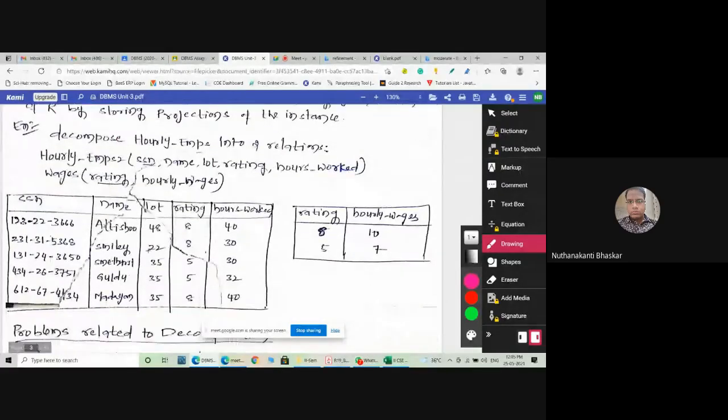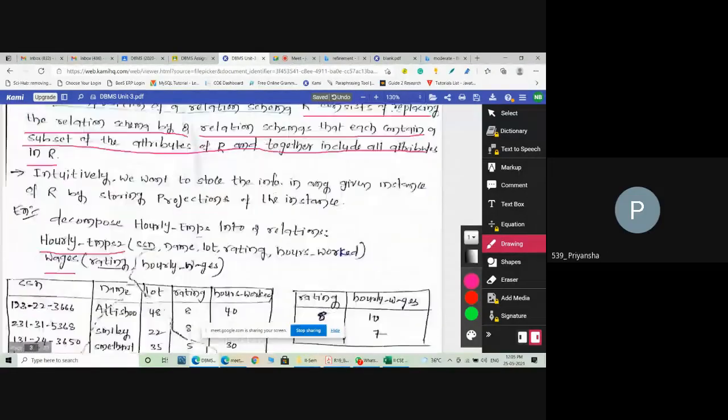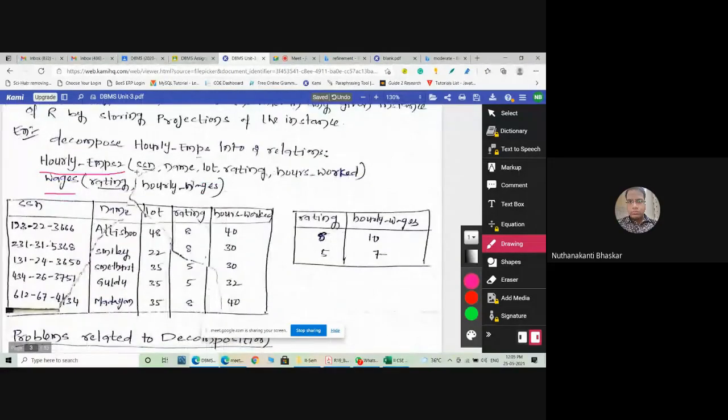Then how to decompose? Two tables, the hourly employee table and the wages table, are taken because rating and hourly wages are related: hourly wages depends on rating, correct? Yes or no? So the remaining attributes I have taken into the hourly employee table, except hourly wages.